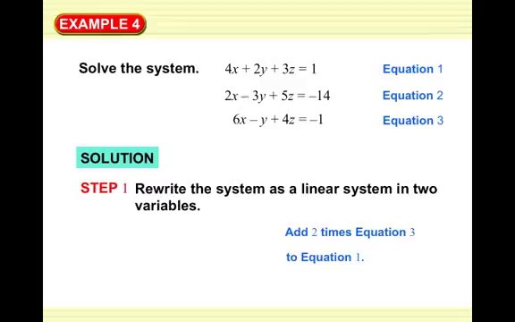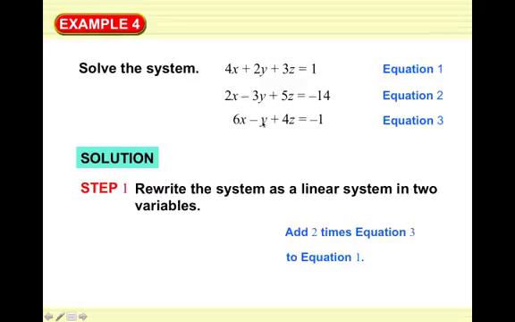So let's see, we're going to add 2 times equation 3 to equation 1, and what that's going to allow us to do is get rid of the y's. So we're trying to get in terms of x and z. Y is a good choice of the elimination variable because you've got this equation 3 that has just a negative y there.